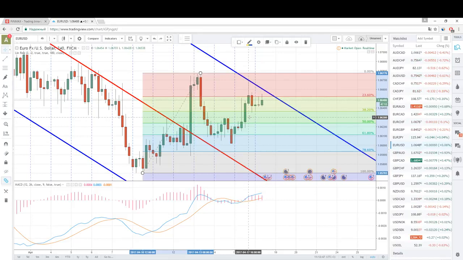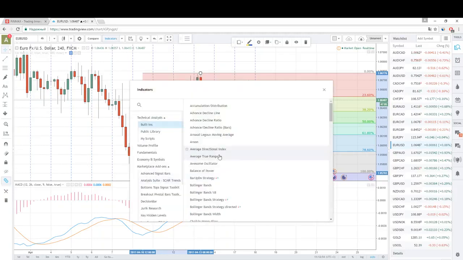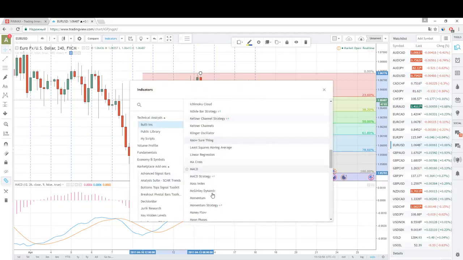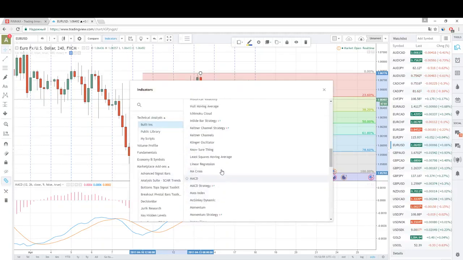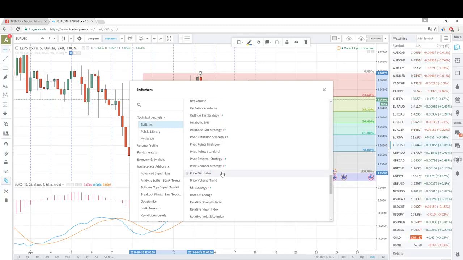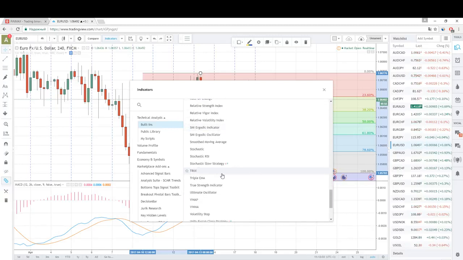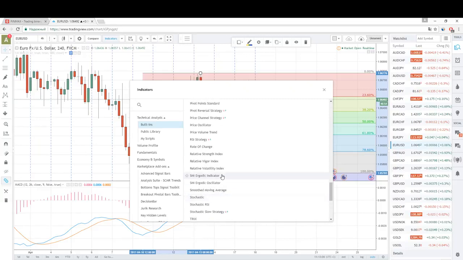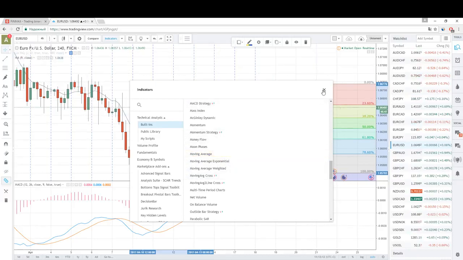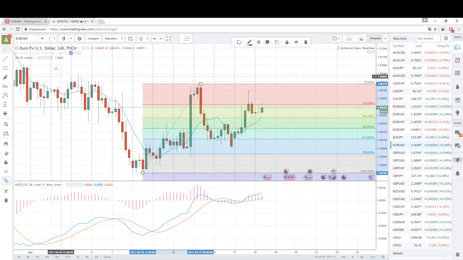And besides, what else? Let's close this indicator for now. Let's add the moving average. We were talking about it the previous time. The ordinary moving average with the period of 9 candles.